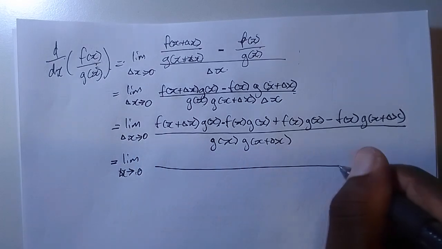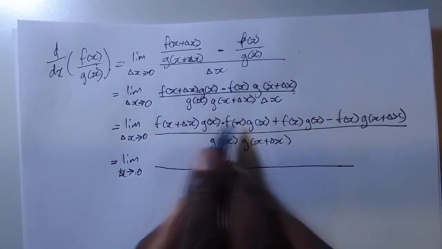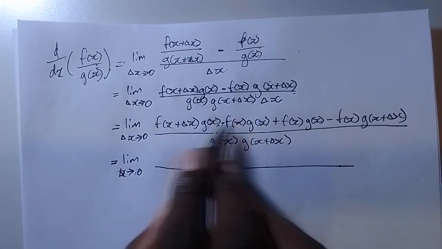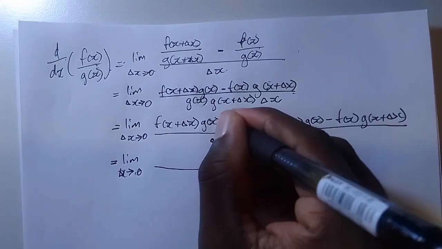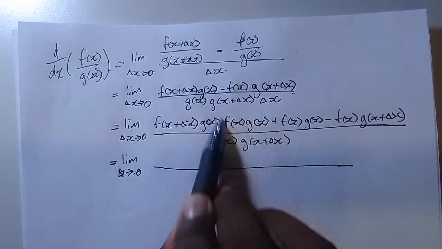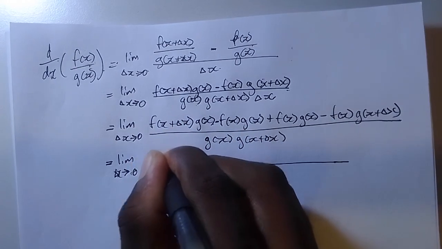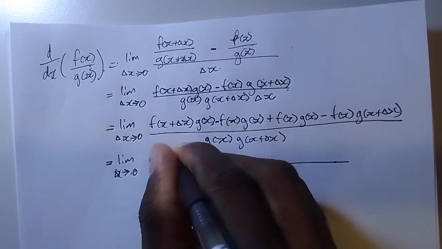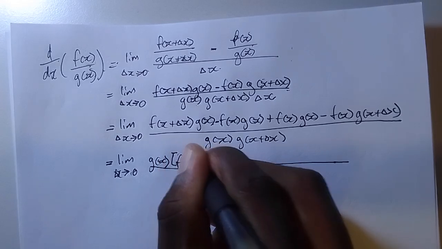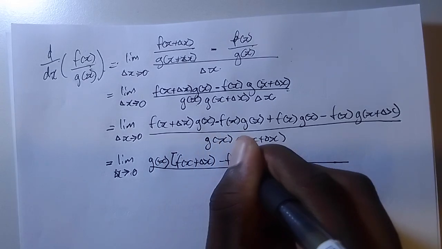Now this is what we'll do. We will take out g(x). g(x) is a common factor between this and this, because this is minus, it's not multiply. So if you take out g(x) as a common factor, you have f(x + delta x) minus f(x).